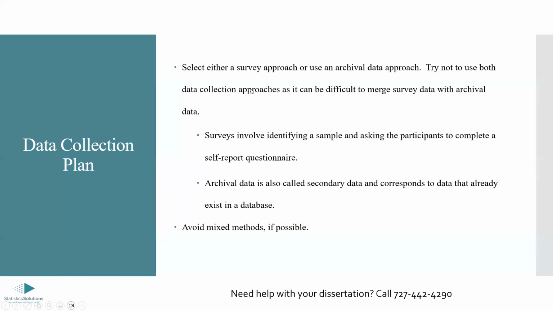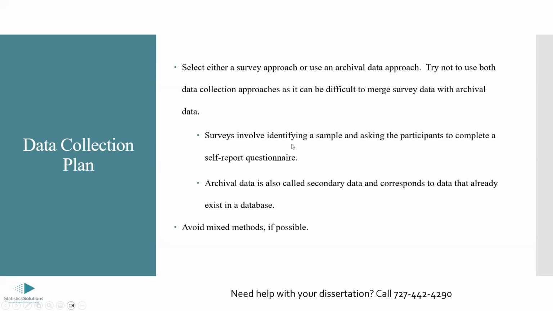An example of this could be if you're looking at test scores for students or GPA, and then you're administering a survey to those same students. The GPA measurements are more archival, whereas the survey is going to be a self-report survey. And that can be difficult to merge two different types of data collection. So pick one approach early on and stick with that approach.